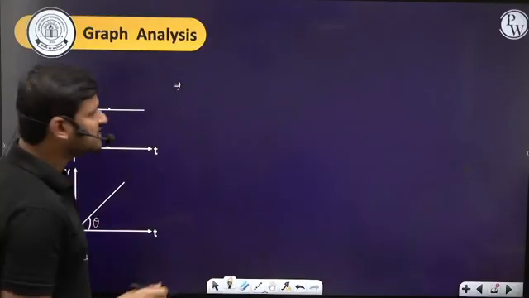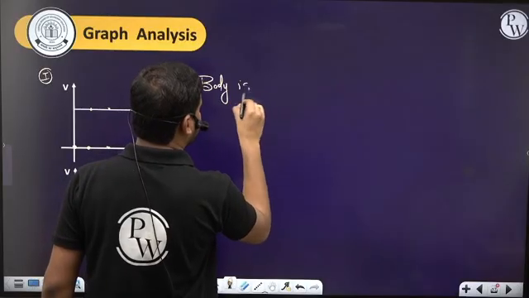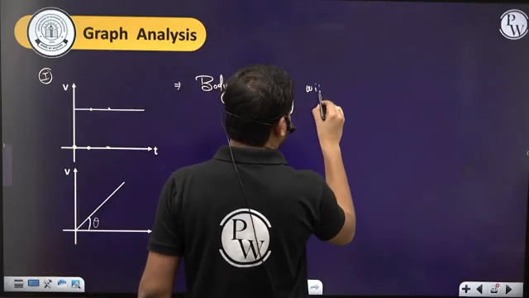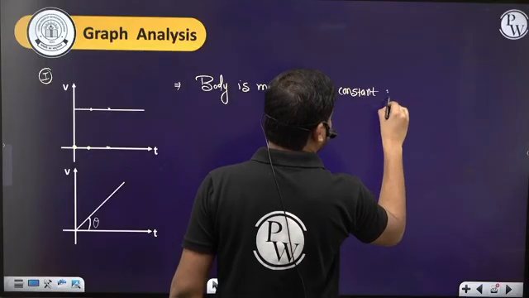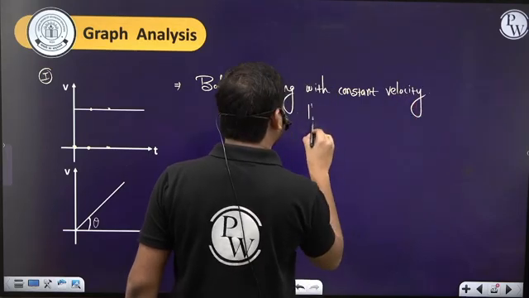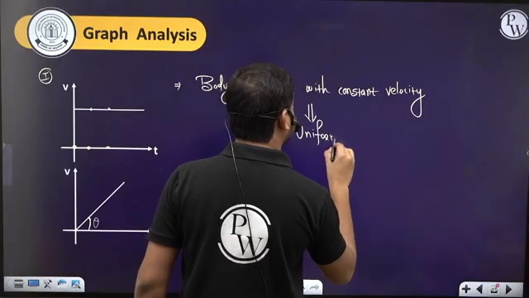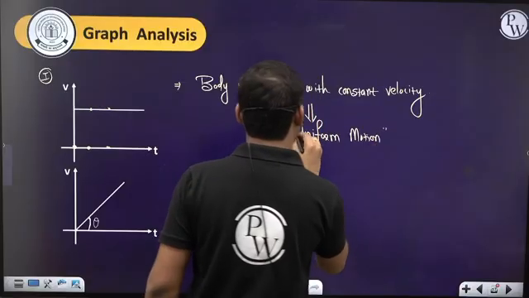The body is moving with constant velocity, which we call uniform motion.